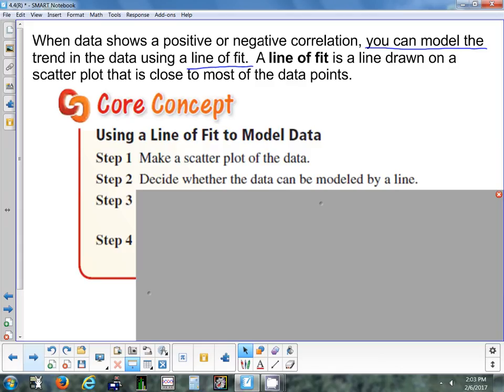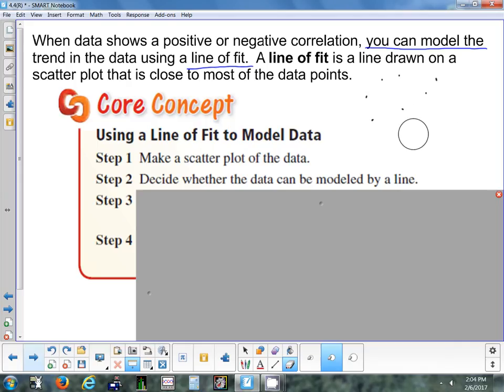Step 2, decide whether or not your scatter plot, the points look like they're in a straight line or close. If you had a scatter plot that looked like this, would that be a good scatter plot to try to use a line for it? If the points were like that? No, because they're all spaced out.